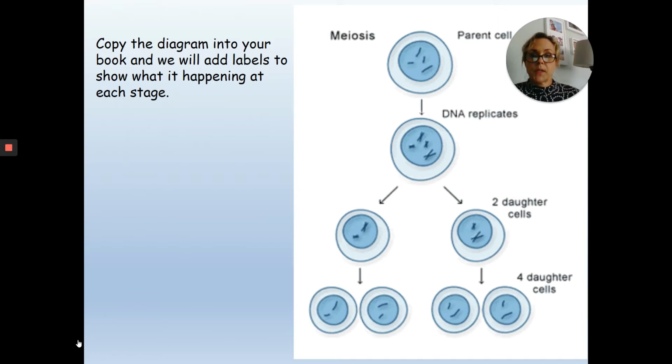So just pause this presentation here for a moment, copy this diagram and the labels and the arrows into your book. Take about half a page, if not more, take a whole page, just to make sure that you can write little notes on there in a moment. But copy this into your book and then restart the presentation when you're done.